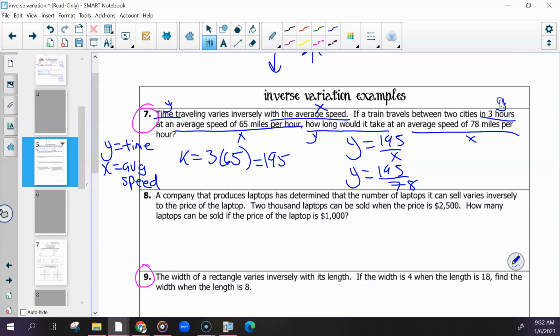Okay. And 2.5 what? Hours. And if we were to multiply 2.5 and 78, we should get 195, so that works.